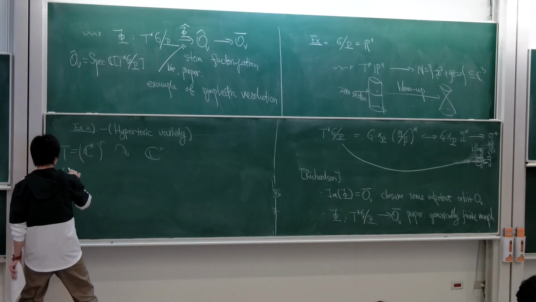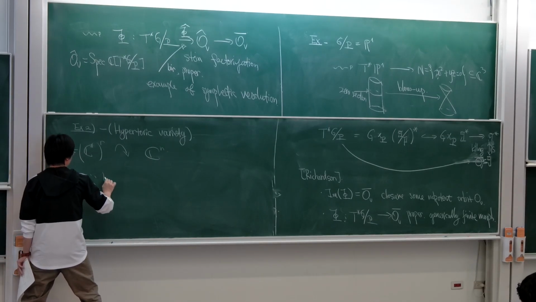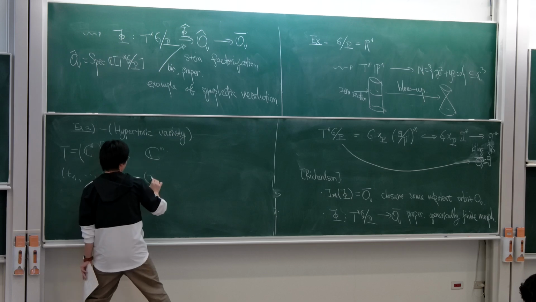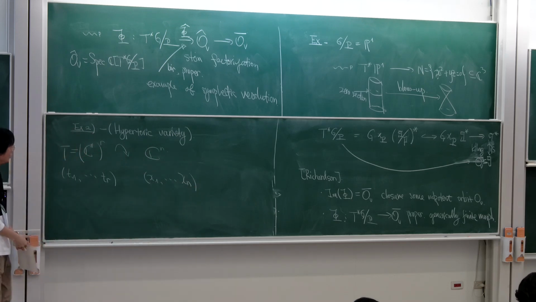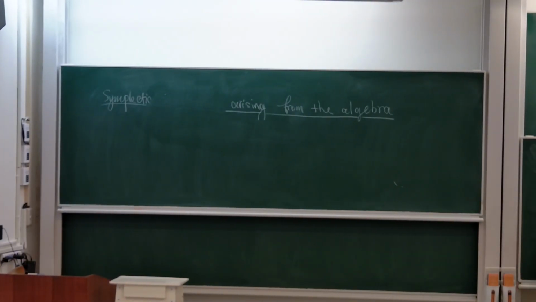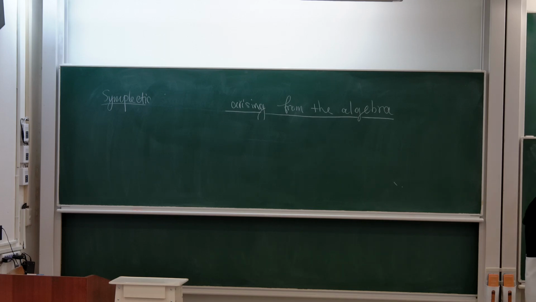You take coordinates t1 to tr here, and coordinates x1 to xn. You write down the weight of this action of ti on each coordinate. I will write it as ai1 to ain. And then you get a matrix A.